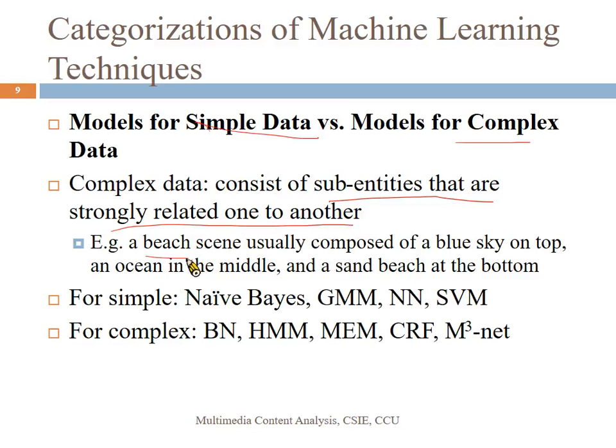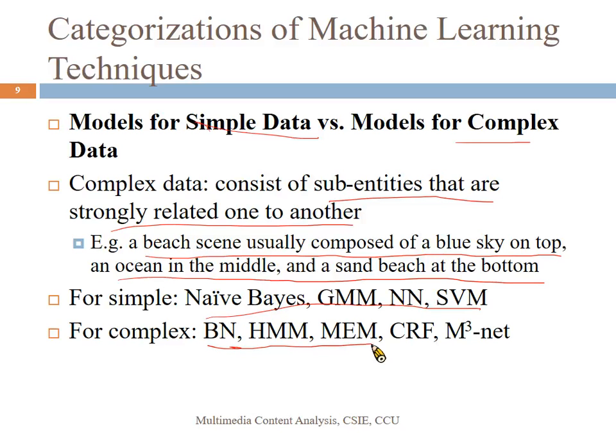For example, a beach scene is usually composed of blue sky on top, an ocean in the middle, and the sand beach at the bottom. And if we can model the spatial relationship between different regions, then we may describe the beach scene more appropriately. For simple data, we may use naive Bayes, GMM, neural network, or SVM. For complex data, we may use Bayesian network, HMM, maximum entropy model, conditional random field, and so on.